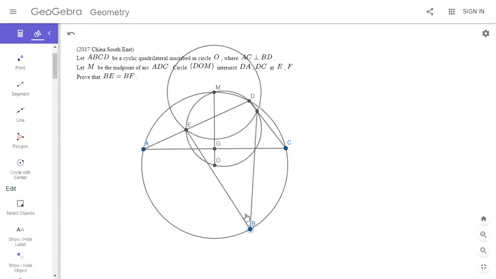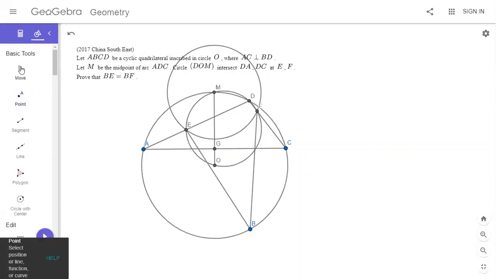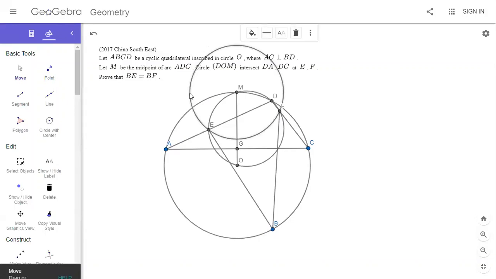So that would mean MEBF we want to show as a kite. So is MEA congruent to MFC? I think that's probably what we have to show is true. So if we can show AE equals CF, then I think we can show triangle MEA is congruent to MFC.